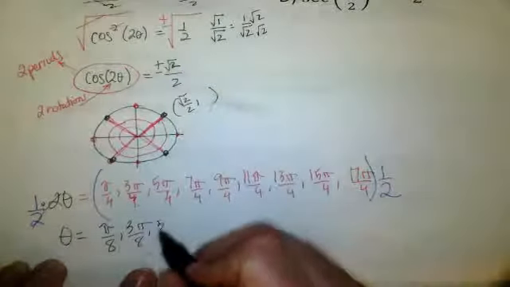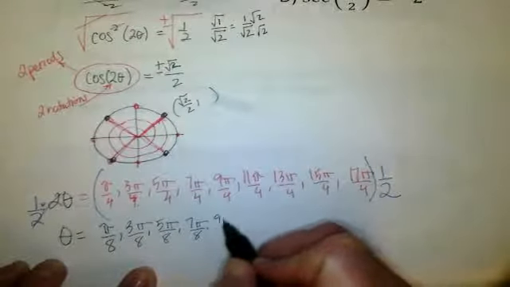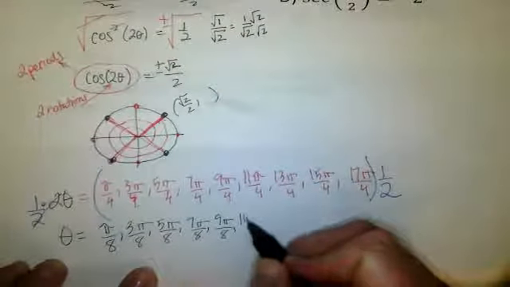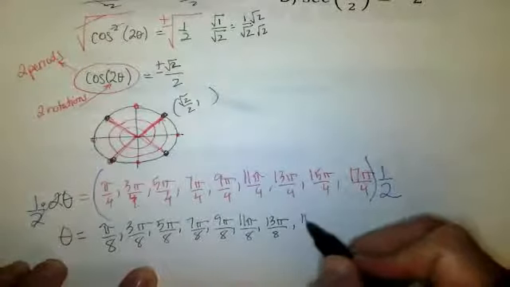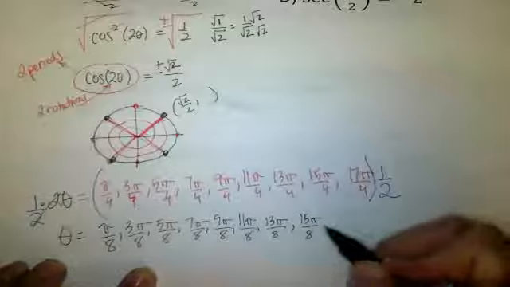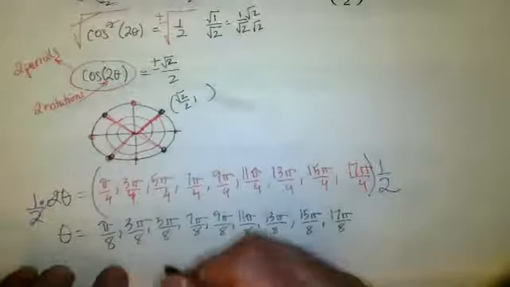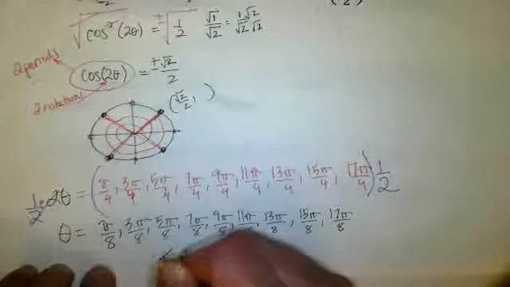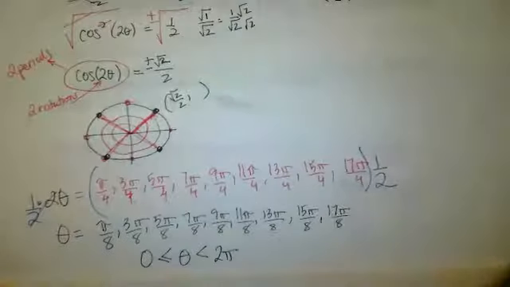So that becomes 5 pi over 8, 7 pi over 8, 9 pi over 8, 11 pi over 8, 13 pi over 8, 15 pi over 8, and 17 pi over 8. Now, I added on that 17 pi over 8 because I want to reiterate that theta is supposed to be between 0 and 2 pi.